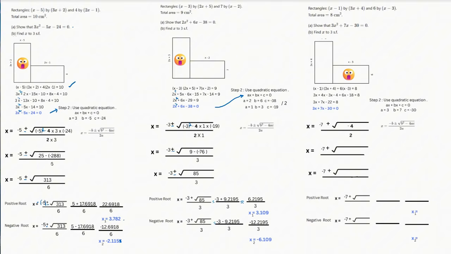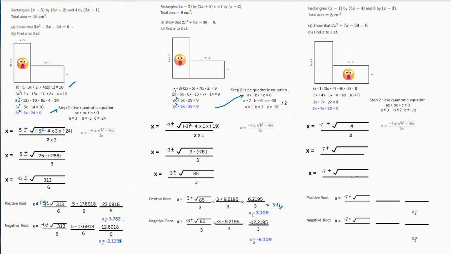It's asking us for up to 3 significant figures. So I'm going to choose the positive as it matches the constraints. So it's going to be 3.11. I'm going to choose that one.